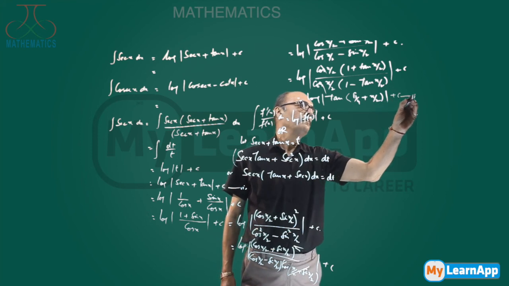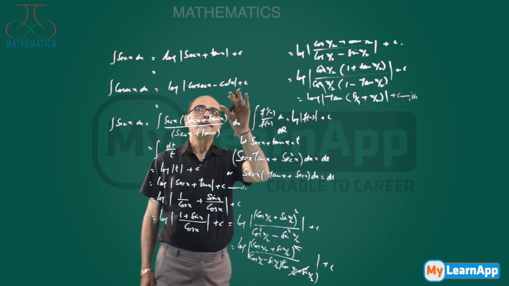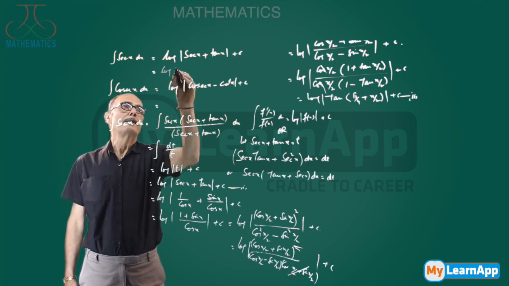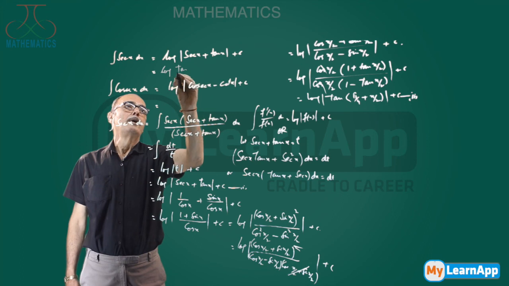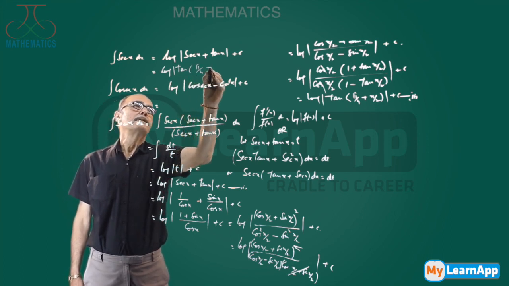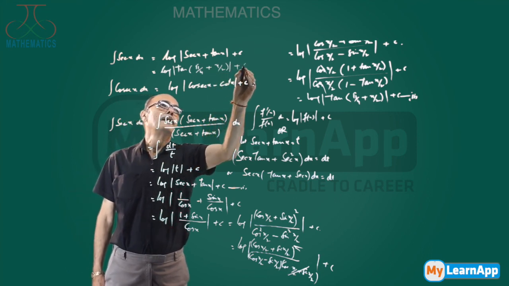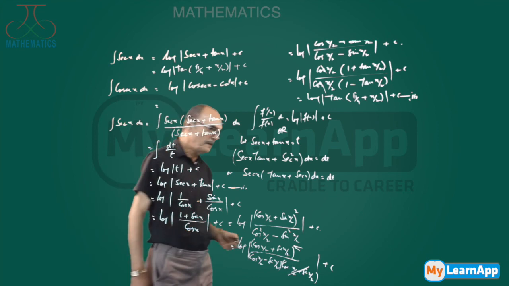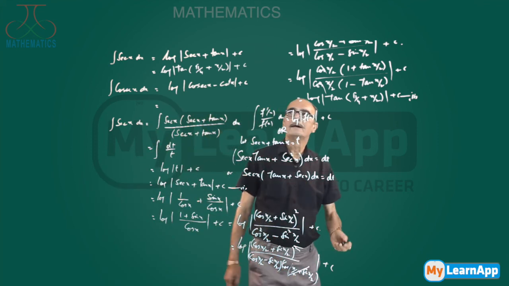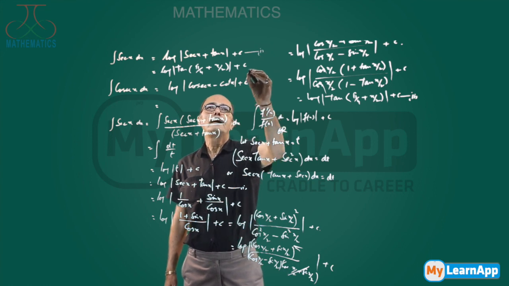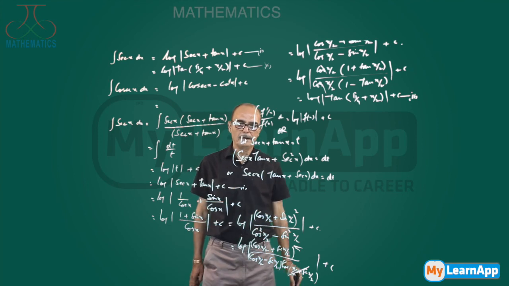This is the second form, which you can put here: log of tan of pi by 4 plus x by 2. Sometimes this second form of the formula, this is the first form and this is the second form, is required in integration.